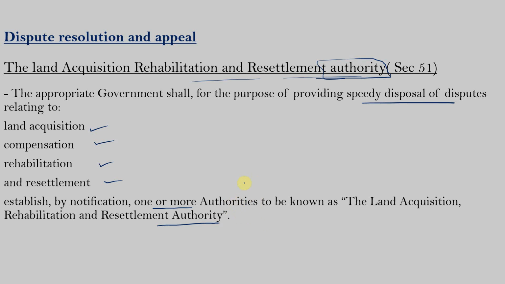In the old act, the civil courts had to resolve the disputes arising out of land acquisition, but the new act has created a new authority for the speedy disposal of any disputes arising out of land acquisition, compensation, and rehabilitation and resettlement.